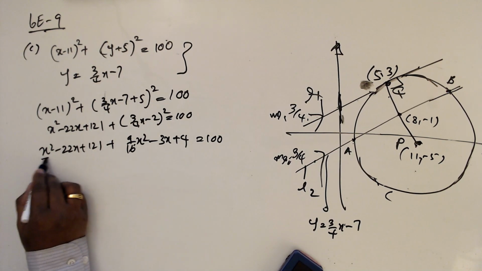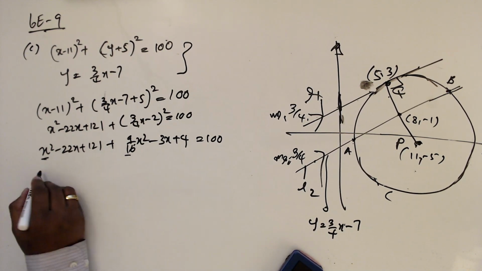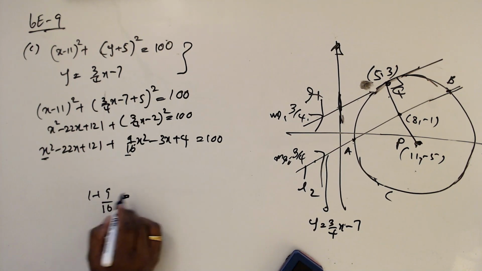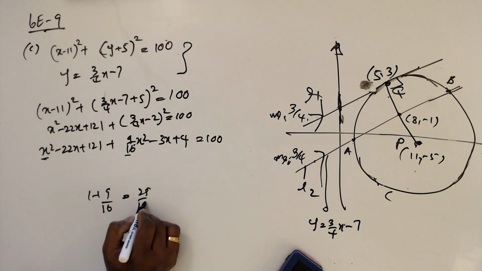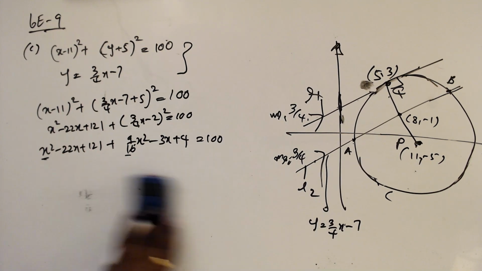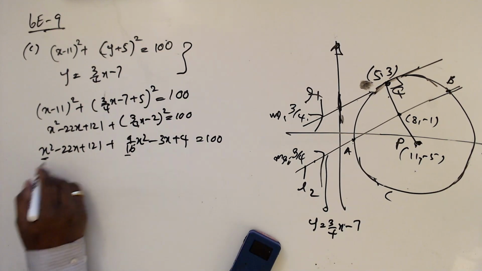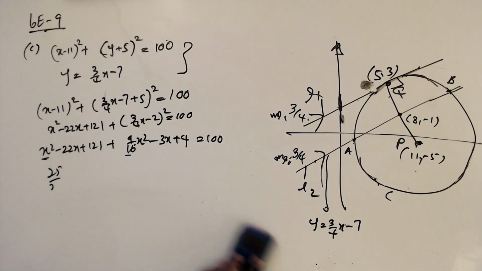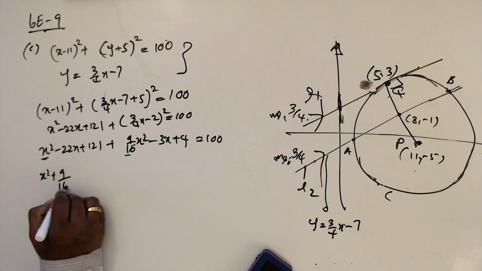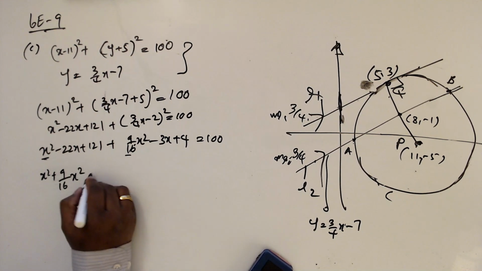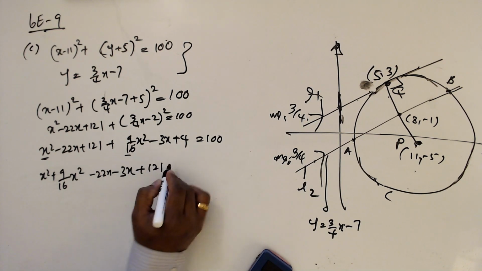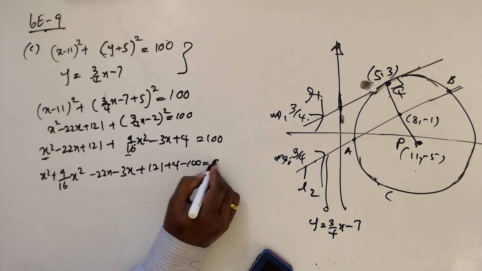So this is going to be x², 9/16 x². So 1 plus 9/16 means 25/16. This is also 16/16. So I will write first actually x² plus 9/16 x², this is 22x, this is minus 3x, plus 121 plus 4 minus 100 equal 0.